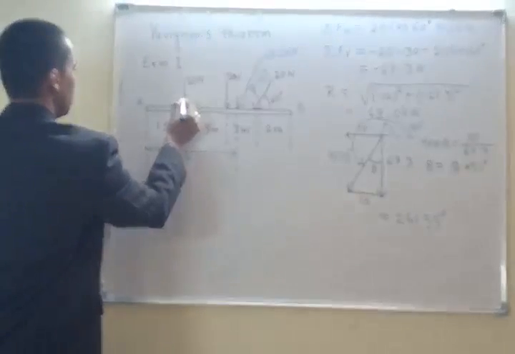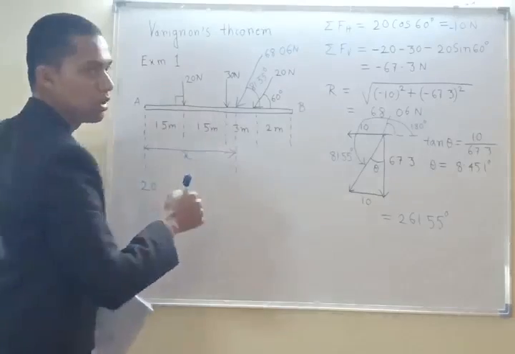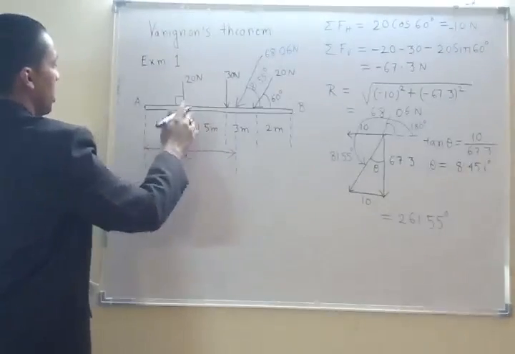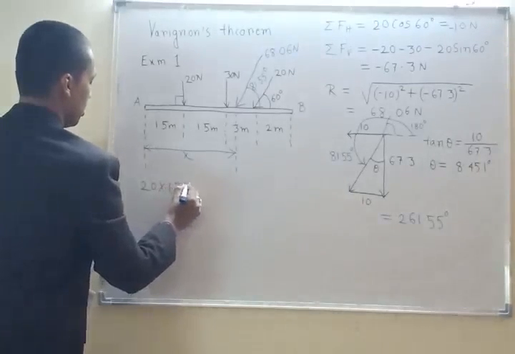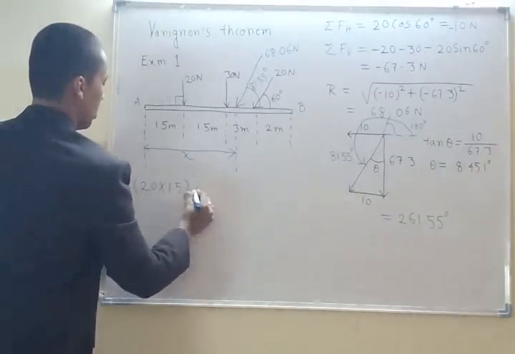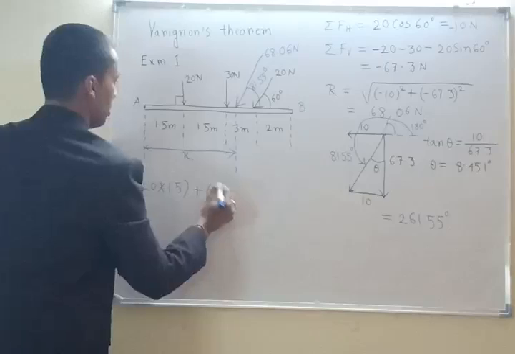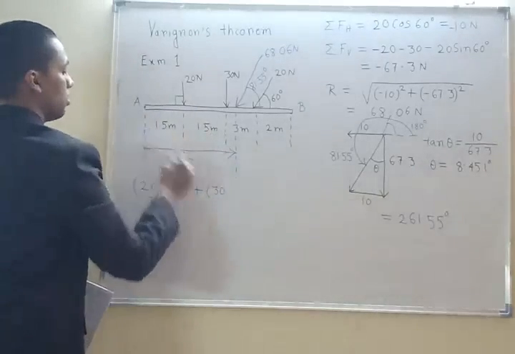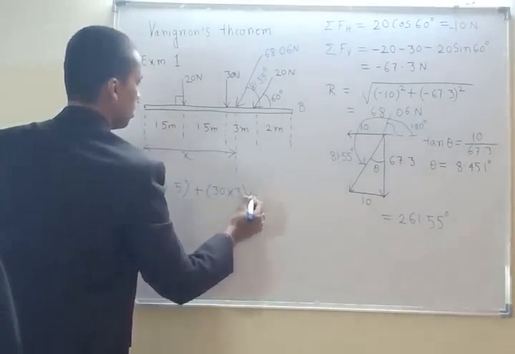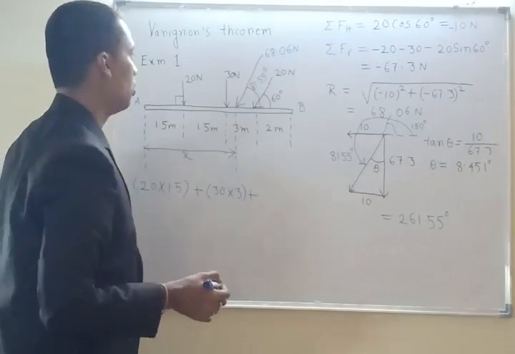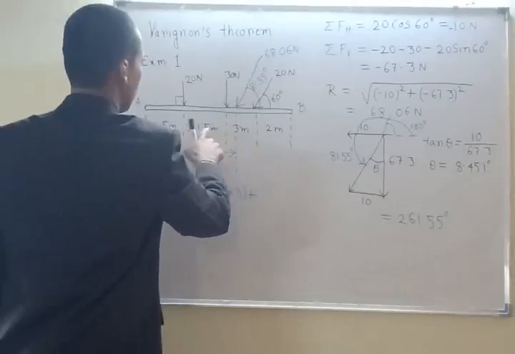The perpendicular distance is this one, this load is perpendicular to the surface, and the distance is 1.5. The second one is plus, this is 30 into, this is 1.5, this is 1.5, that is 3, plus I cannot do 20 into this, 3 plus 3 is 6.